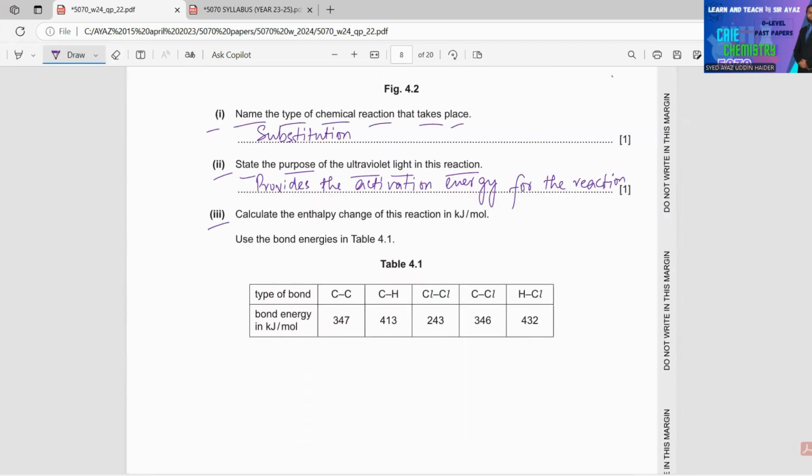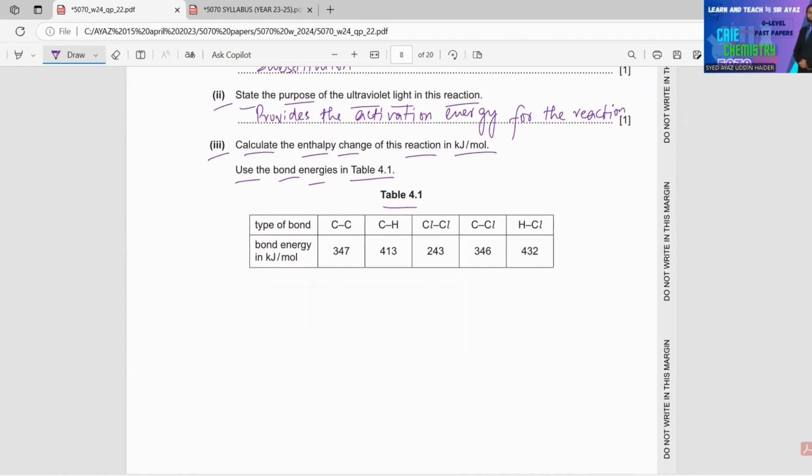Part 3, calculate the enthalpy change for this reaction in kilojoule per mole. Use the bond energies in table 4.1. Here's table 4.1. We need to calculate the enthalpy change.